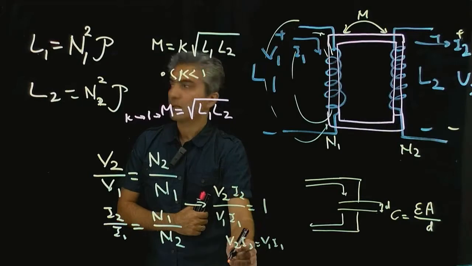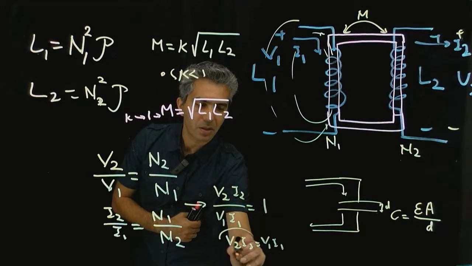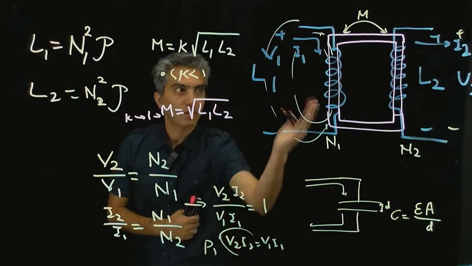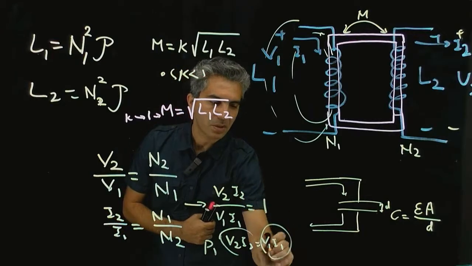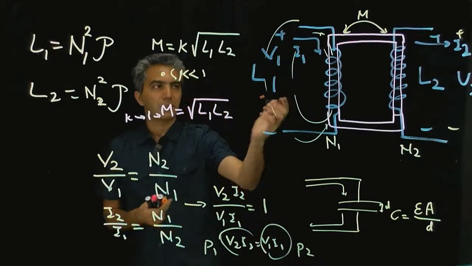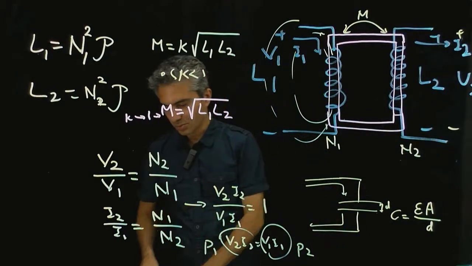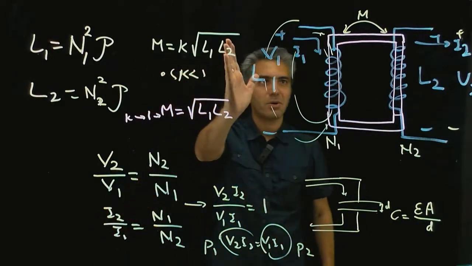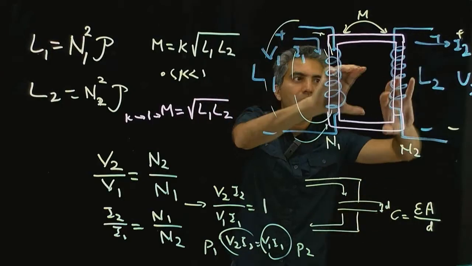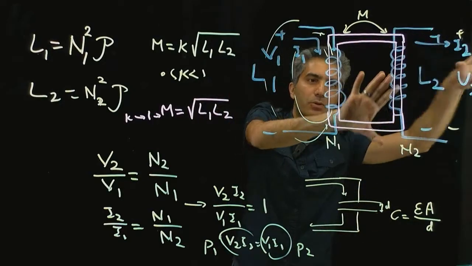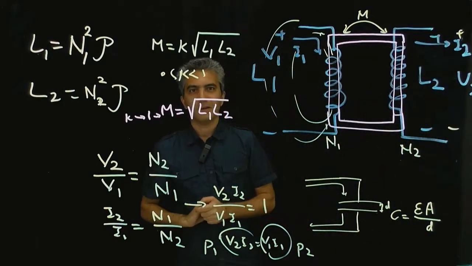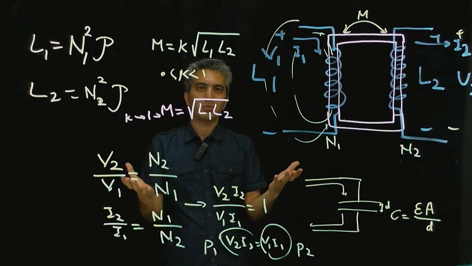V2 I2 is the power on one end, and this one is the power on the other end. What this says is that the power on one end is equal to the power on the other end. In other words, whatever power goes into the system is delivered out from the other end, which goes well with what we assumed.